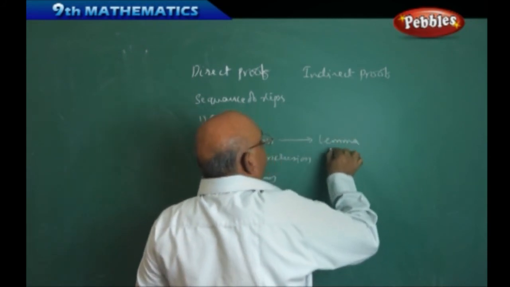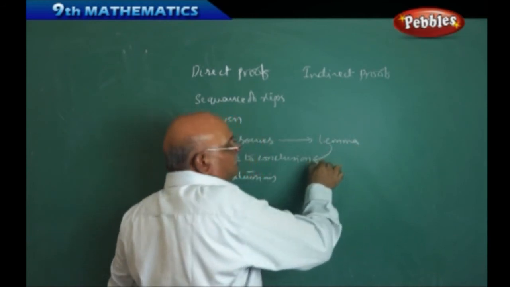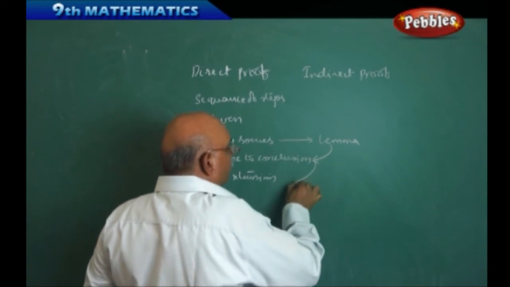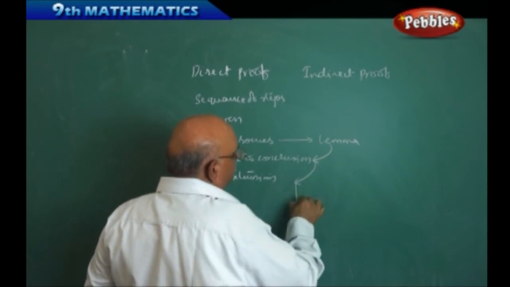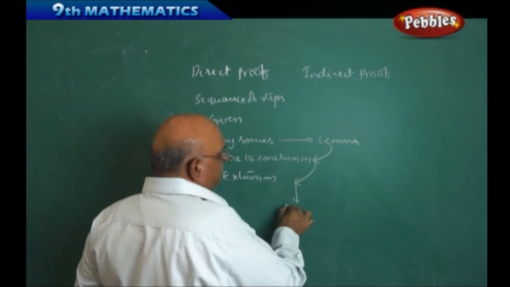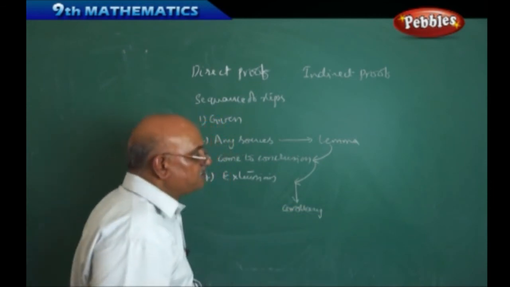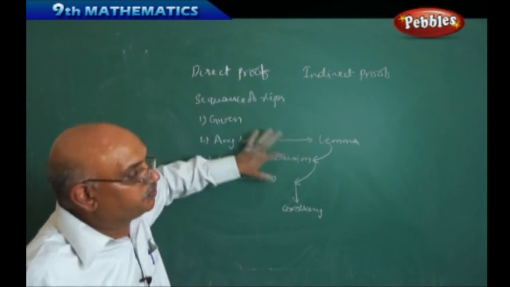From the lemma, we take some part to derive the theorem. The next extension, after proving the theorem, whatever results we derive from it, we call a corollary. These are the essential parts in a direct proof.